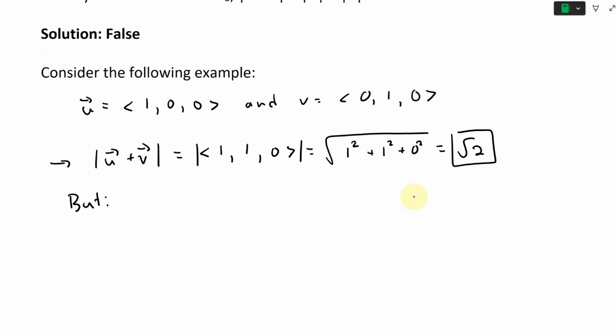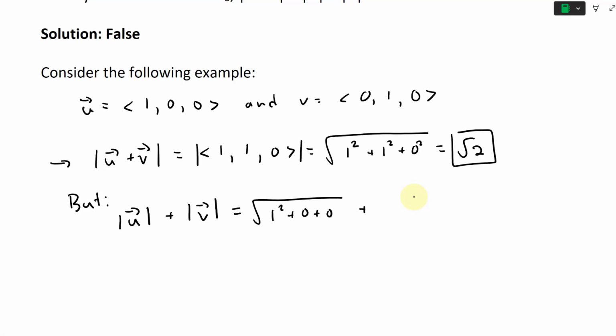But if we have it separately, the length of u plus the length of v, this equals 2. Again, the Pythagorean theorem for each one separately. So u is 1, 0, 0, so that's square root of 1 squared plus 0 plus 0.